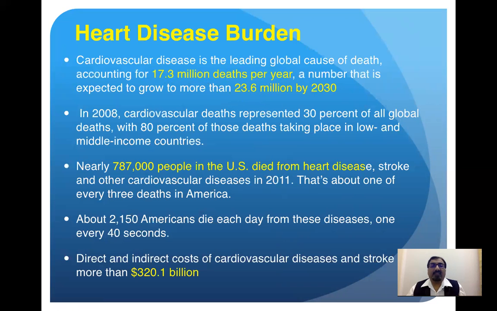Nearly 787,000 people in the US died from heart disease, stroke and cardiovascular diseases in 2011, and this is about one third of the total deaths in the US. About 2150 Americans die each day from this disease, one every 40 seconds. The direct and indirect cost of this disease, you can imagine, is $320.1 billion.